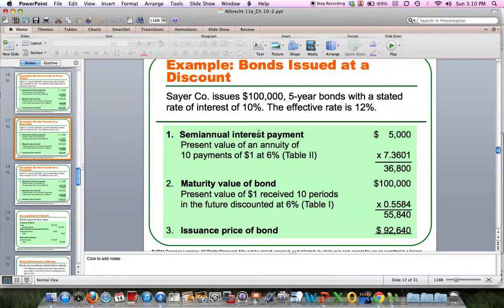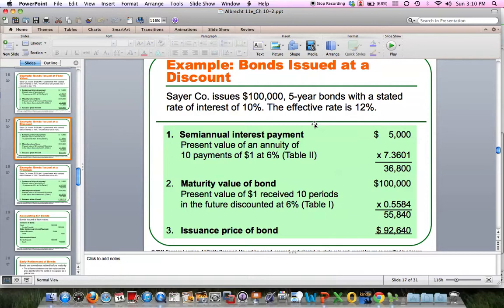So what happens then if those numbers change? Sayre Company issues the same bond, $100,000, still 5 years, still a stated rate of 10%. But what's different now is that the effective rate is 12%. So the effective rate is the market rate.